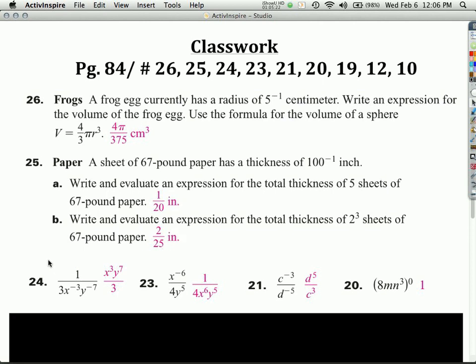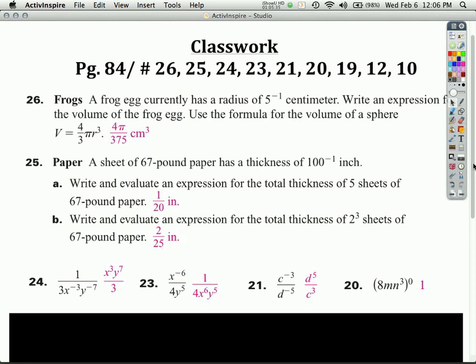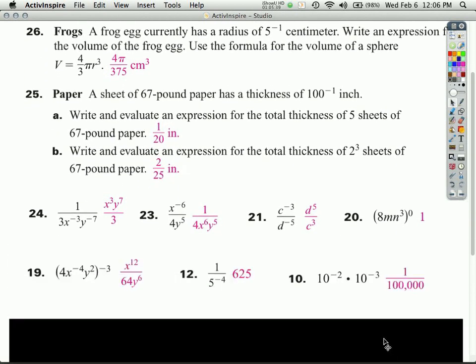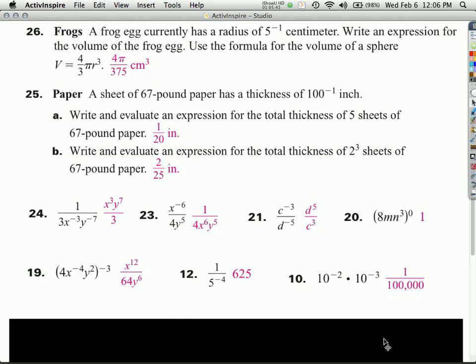Number 23, 1 over 4, x to the 6th, y to the 5th. Number 21, d to the 5th over c to the 3rd. And number 20 comes out to 1. And number 19, x to the 12th over 64, y to the 6th. Number 12, 625, and number 10, 1 over 100,000.